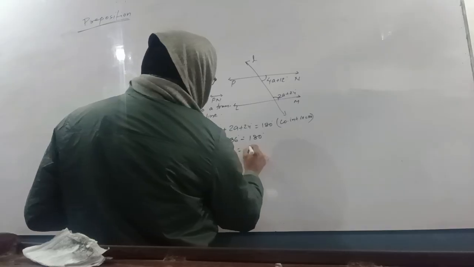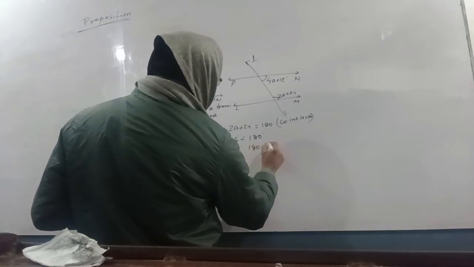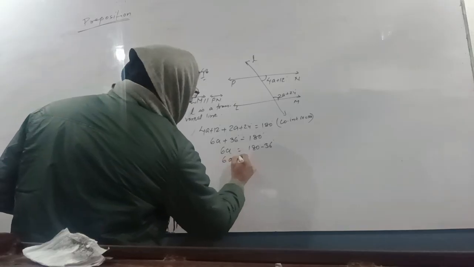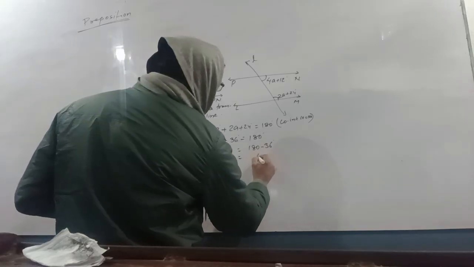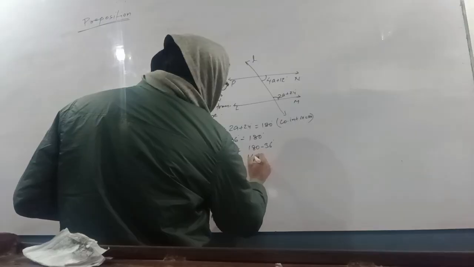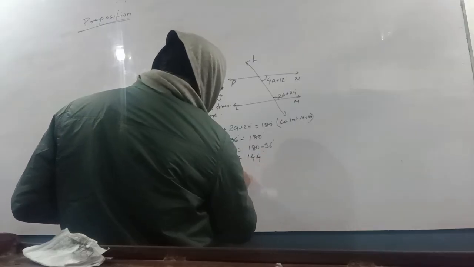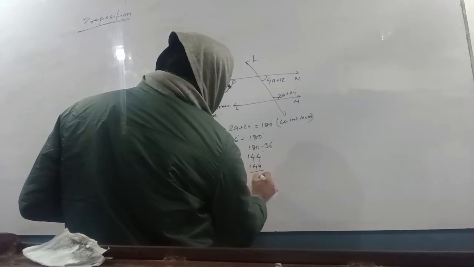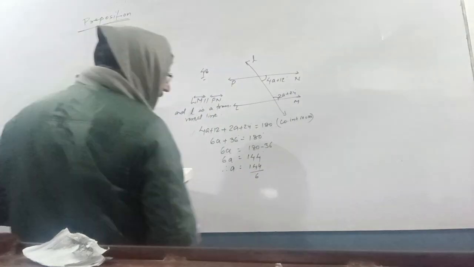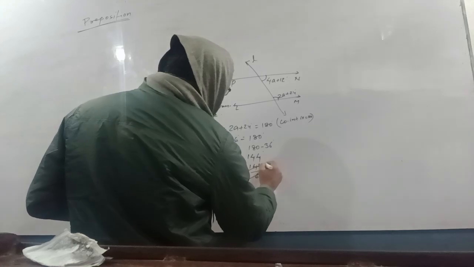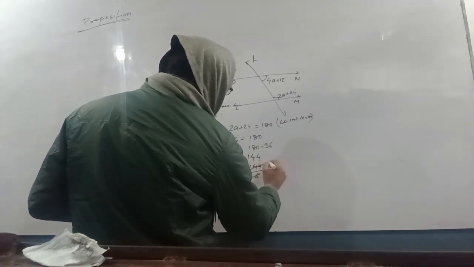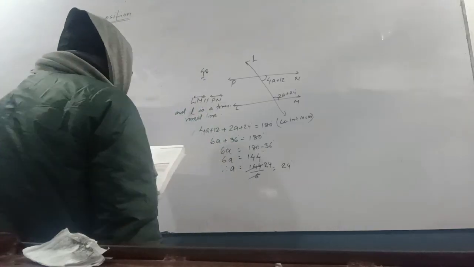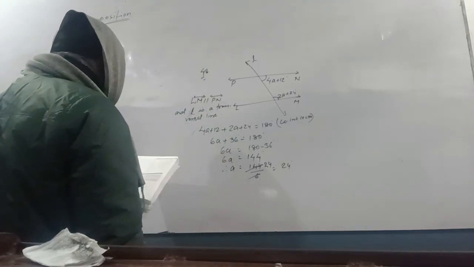So 6A equal to 180 minus 36. So 6A equal to 144 degrees. Therefore A equal to 144 by 6. So 24 degree. The value of A will be 24 degree.